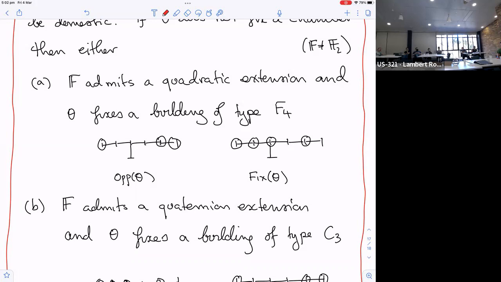This gives you a way of measuring a distance from this building to this building, and that's the opposition relation for the twin building. Because you don't really have a longest element, it's set up such that if that distance is the identity in the underlying Coxeter group, that's what opposite means. So you've got to flip it around a little bit.